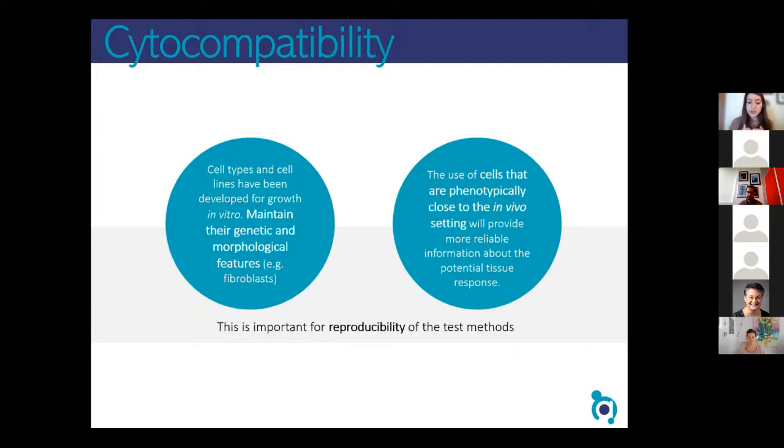However, it is good to keep in mind that the closest we are to the in vivo setting, the better. So for instance, if we're working with, let's say, wound healing, maybe working with epithelial cells would be better than working with fibroblasts. Or if we're working with myocardial infarction, maybe working with myocardiocytes would be a better idea. So we need to kind of balance the relevance of our findings with the final application.